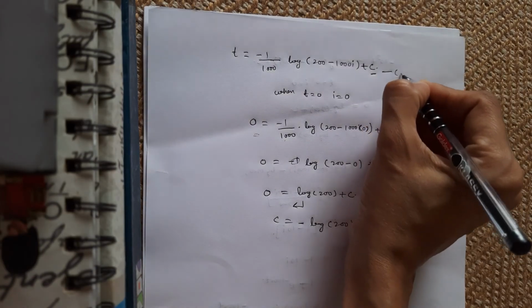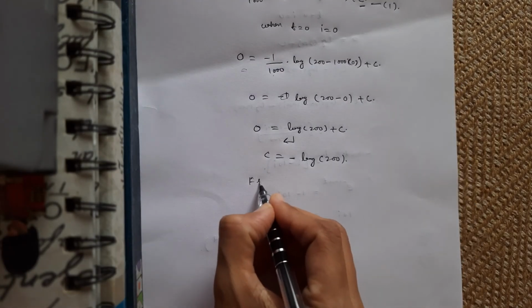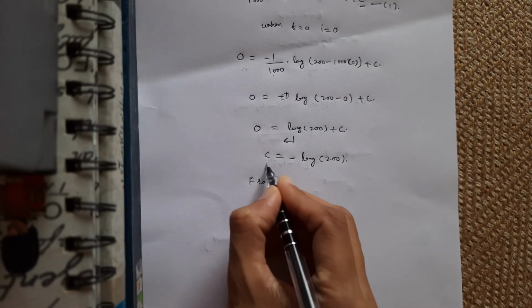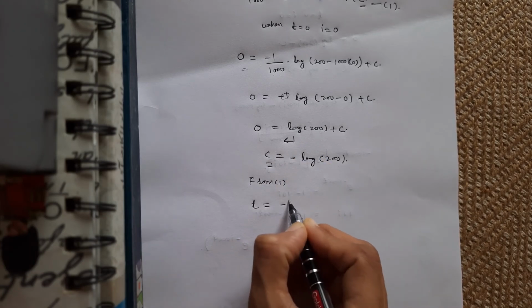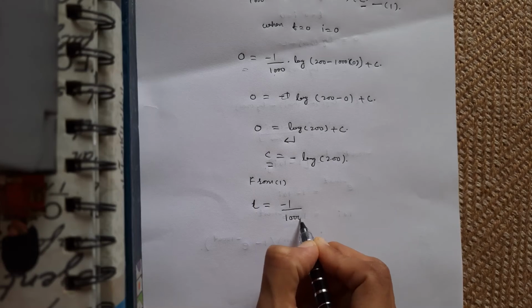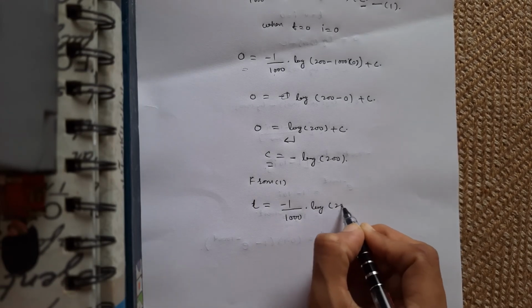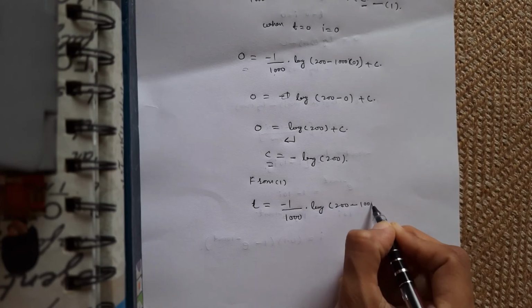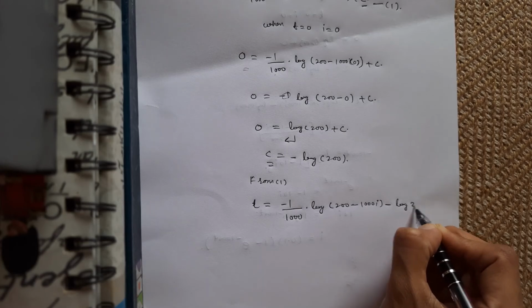Let's give it the equation 1. So from 1, I am just substituting the value of C in equation 1. So I get T equals minus 1 upon 1000 into log of 200 minus 1000 I minus log of 200.